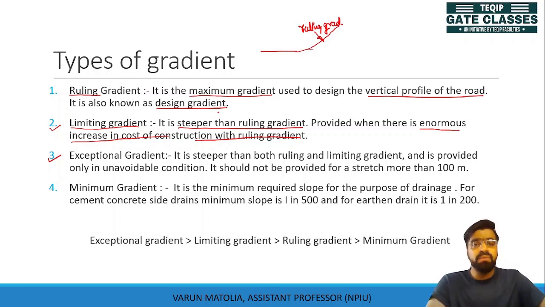If it is provided for more than 100 meters, it will be very difficult for a vehicle to overcome this slope. That's why a very flat gradient up the slope and down the slope is provided. So exceptional gradient is steeper than both the ruling and limiting gradient, and it is provided only in unavoidable conditions. It is not to be provided for a stretch more than 100 meters.